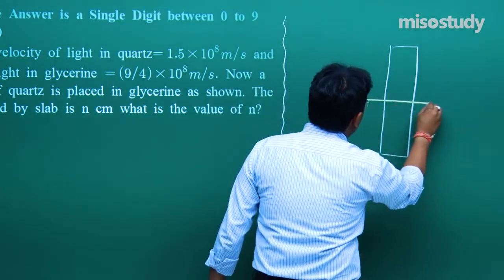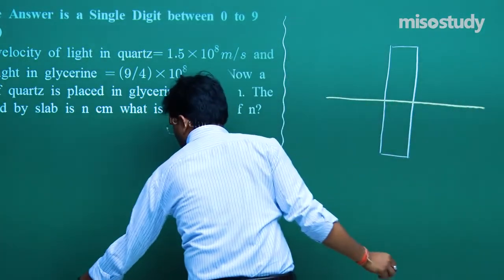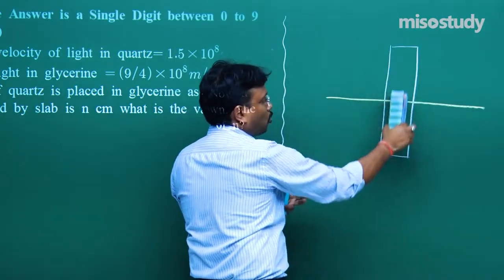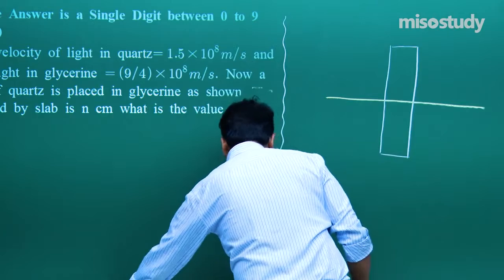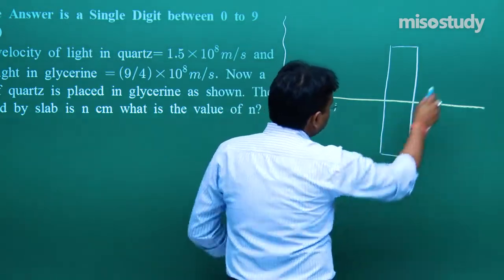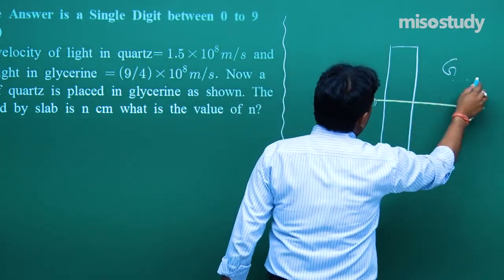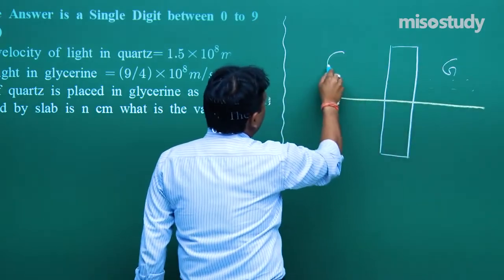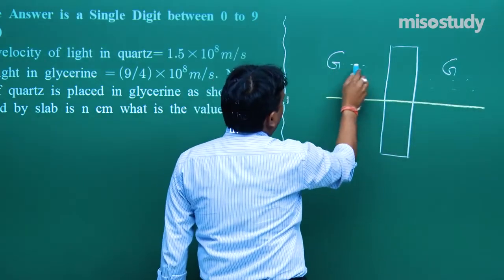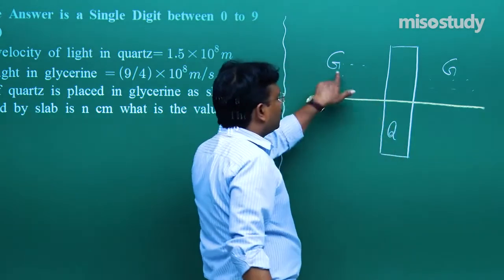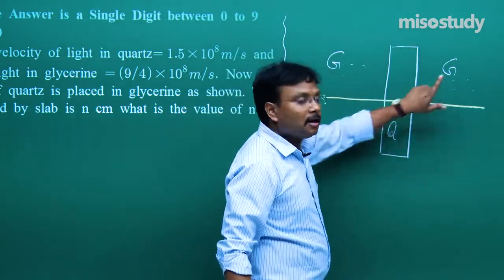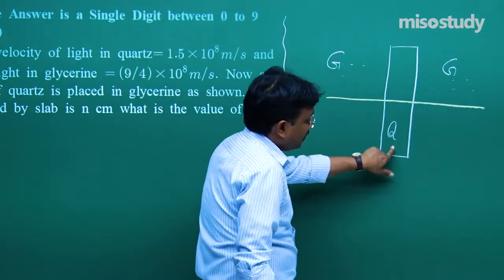This is your quartz slab. This is G. G means glycerine. This is glycerine and this is quartz. Glycerine, glycerine, and this is quartz. Fine.